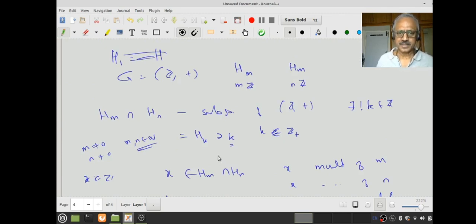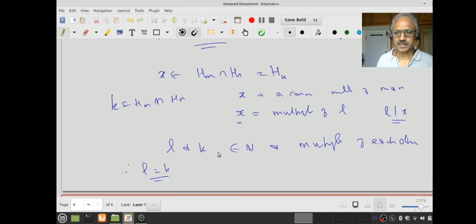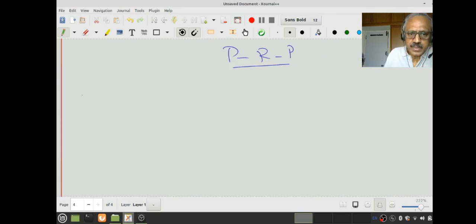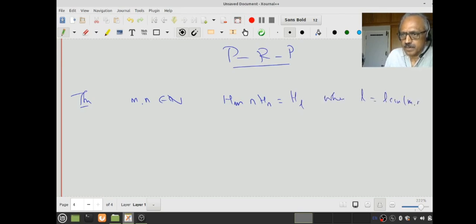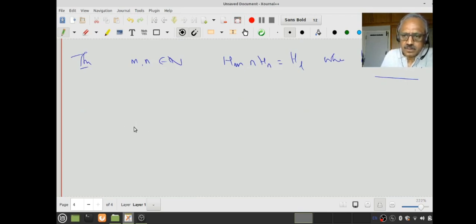But in this particular case the intersection of HM and HN is the subgroup generated by L, that is HL, where L is the least common multiple of M and N. So this is the theorem you proved: assume M and N are natural numbers, then HM intersection HN equals HL, where L equals LCM of M and N. So pause, review, proceed.